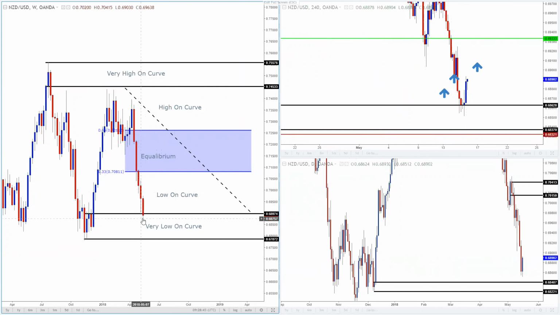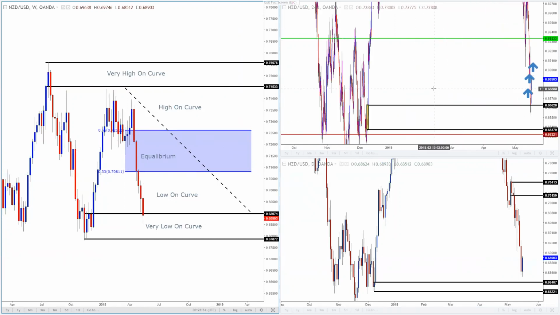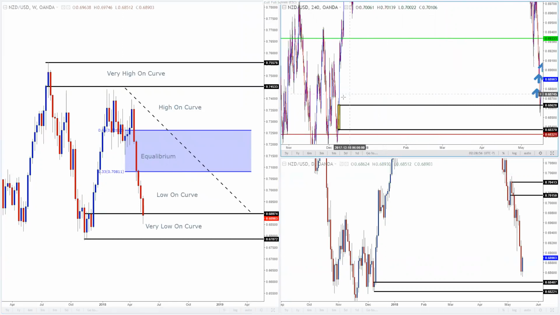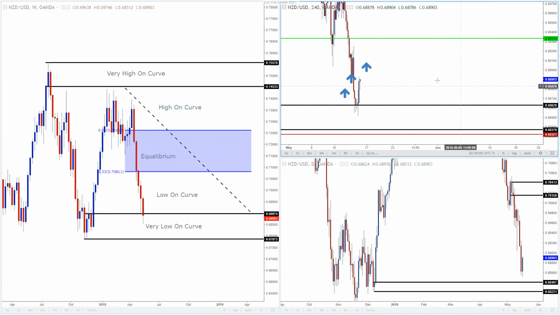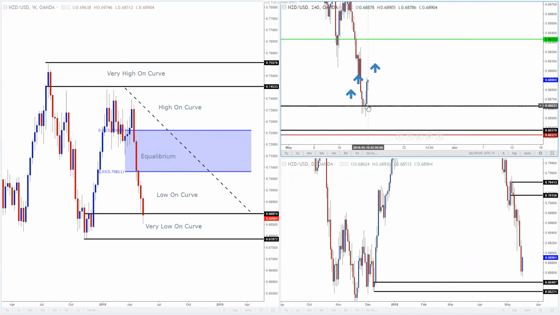It did not get here until it actually hit the level. Same story on the 4-hour, right? Price had never been here before. If you look back in time, it had never been here before until the trade got triggered. So that's definitely a good look.